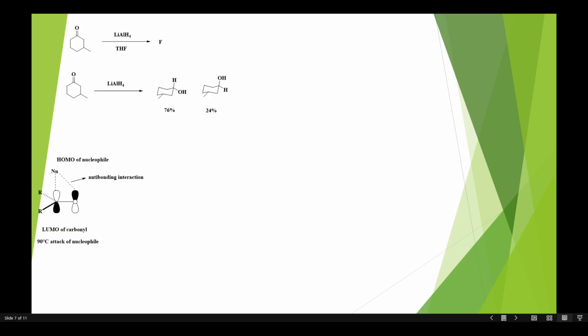Why? In a carbonyl group, the nucleophile attacks the pi star, the antibonding orbital of the carbon-oxygen pi bond.